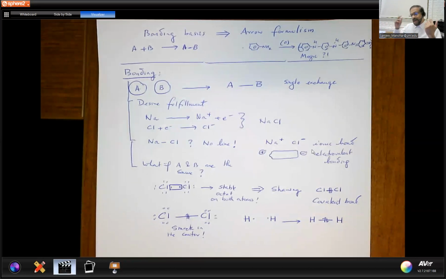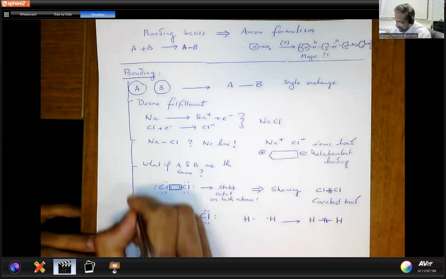And there is no real transfer of electrons. This is a sharing of electrons, and the 2 electrons live in the middle. We just draw a line. In bonding terminology, a line means these 2 electrons have made a home geographically in the middle of the 2 atoms, at the center of the 2 atoms. Okay, that's a second concept.